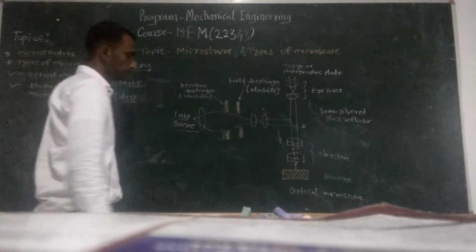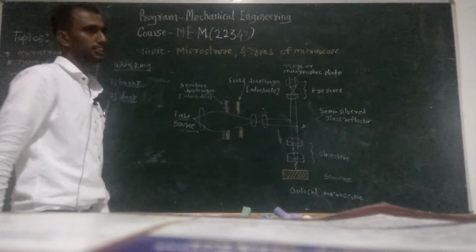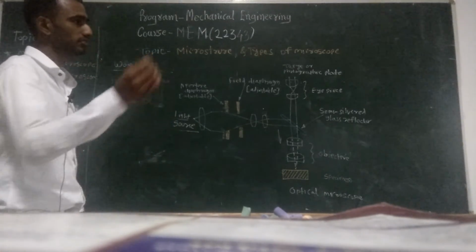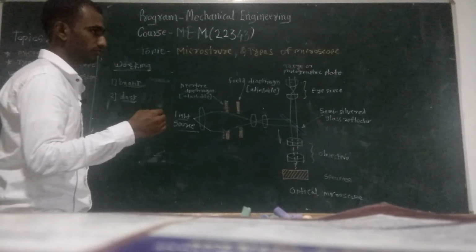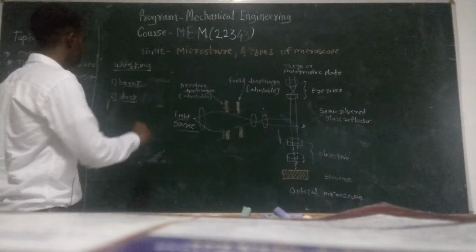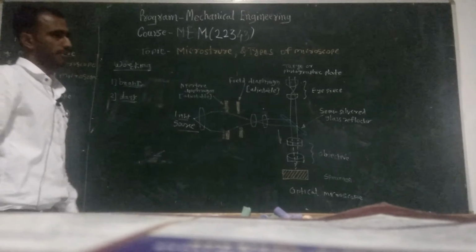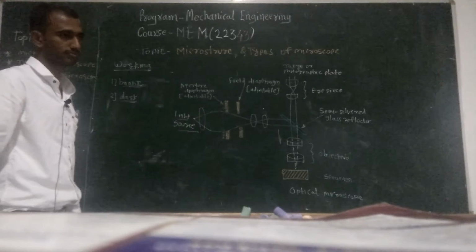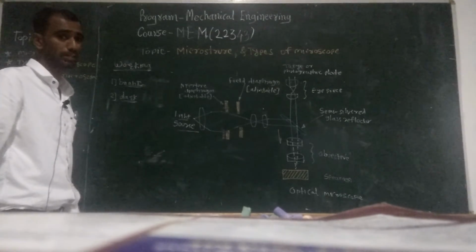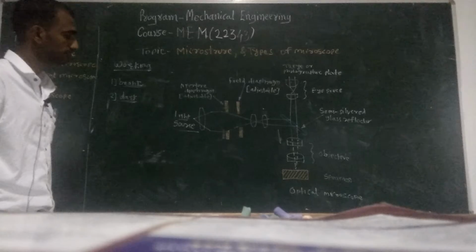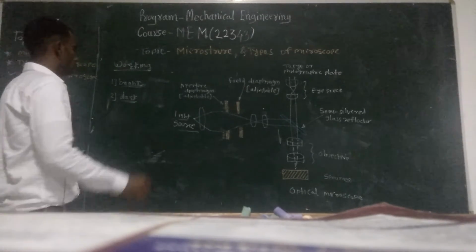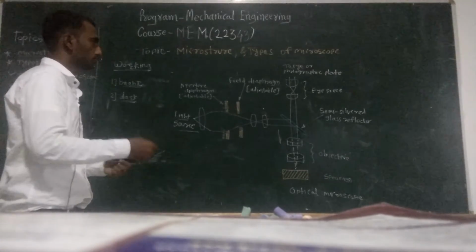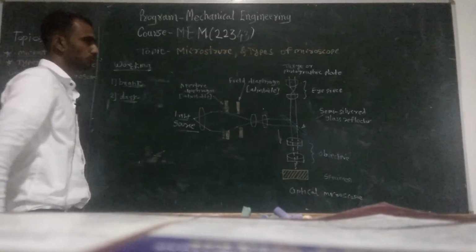Generally, if the surface of that specimen is smooth or polished, then the microstructure we observe is bright, and if the surface of that specimen is rough, meaning it has some irregularities in its surface, then the image we observe through the microscope is dark in nature.